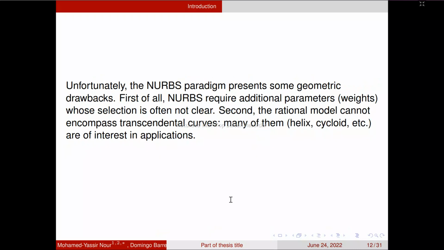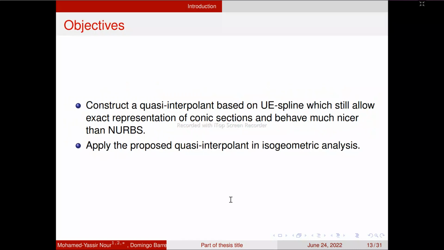So we try to change this idea by using a new quasi-interpolant. So our objective in this presentation is to try using quasi-interpolants in place of NURBS and apply them to isogeometric analysis.